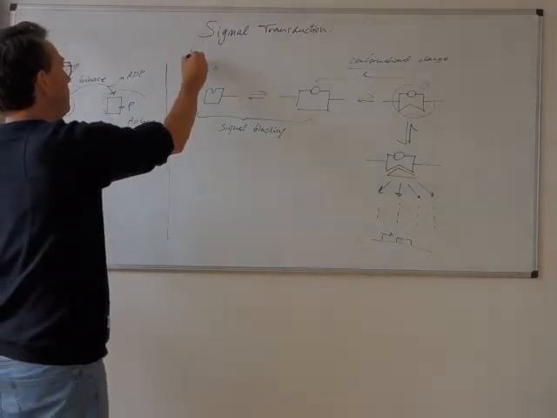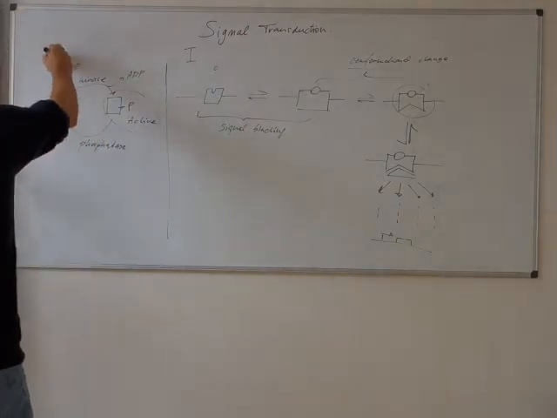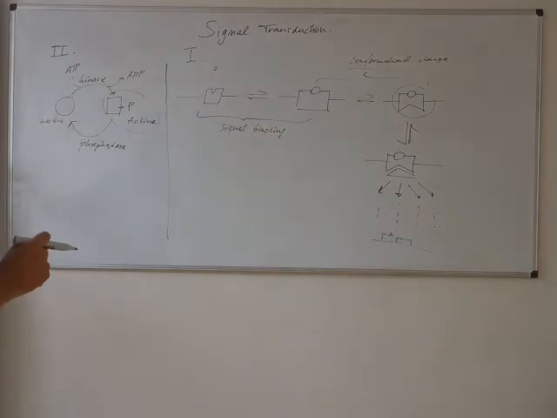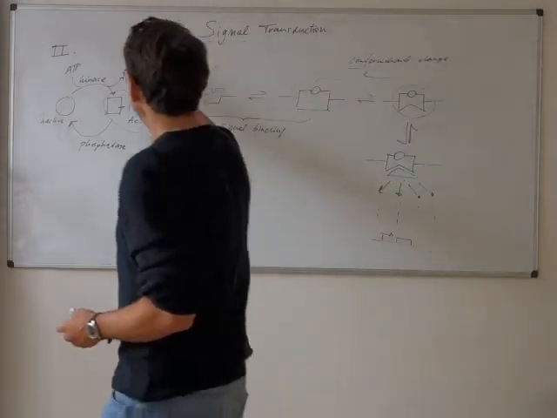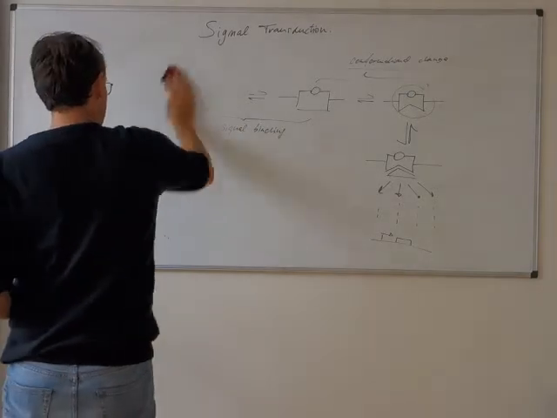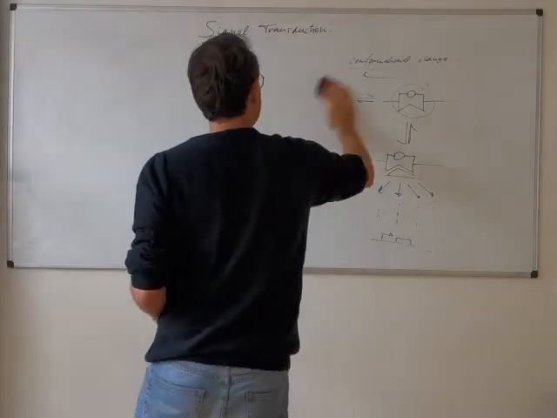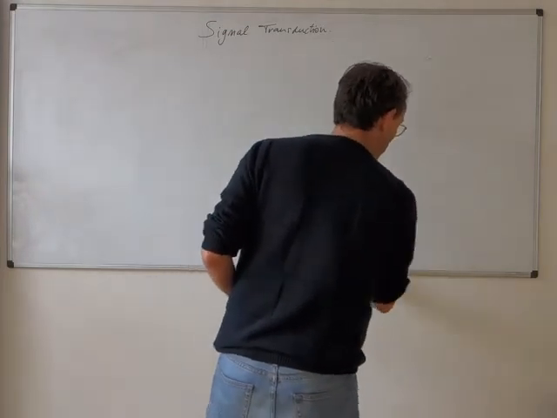So this is the first half of the chapter on signal transduction, and this is the second half of the chapter on signal transduction. And in order to carry out analyses, we need again the same type of machinery and terminology that has been introduced in these previous chapters.